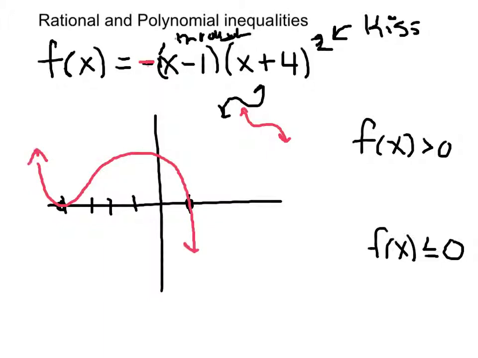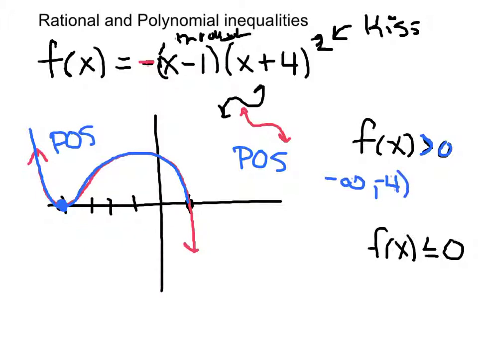Now the questions you're going to be asked are inequalities. And this inequality is saying, where is the graph greater than 0? The graph is positive up here, and so this graph is greater than 0 in this entire blue section, except it's not greater than 0 right there because it's actually equal to 0. So the graph is greater than 0 from -infinity to -4.